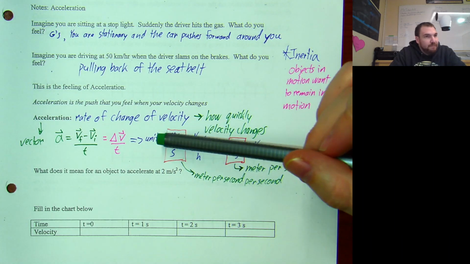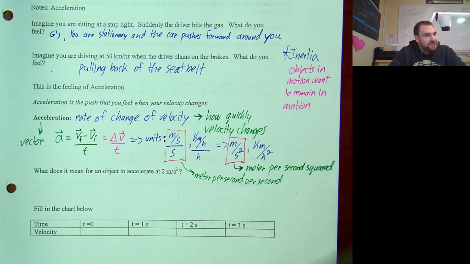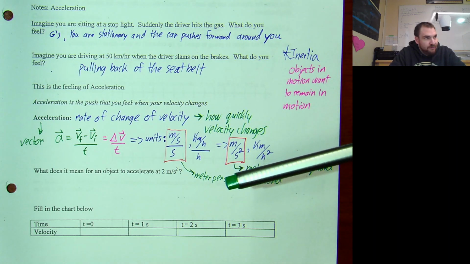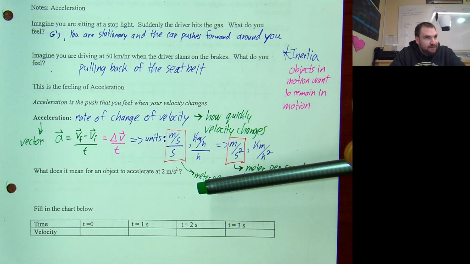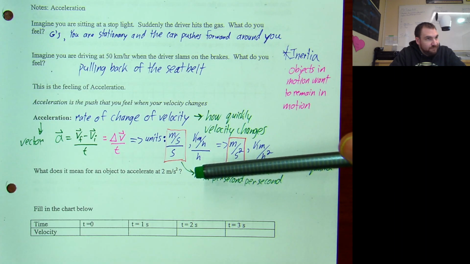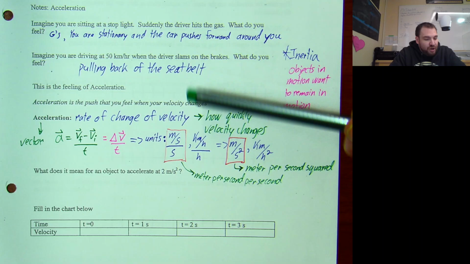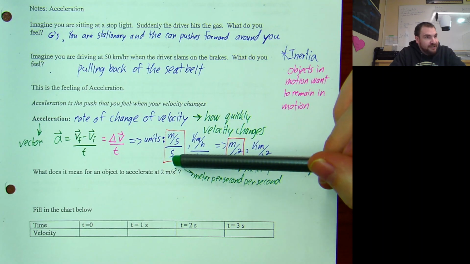So if I have a meter per second, what does that mean? Connie, you want to try again? To me it sounds like you have a meter per second and then another second. You're stacking them. So a meter per second is our velocity, the second is our time.